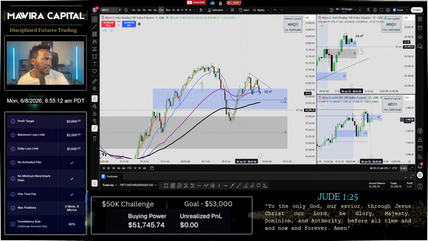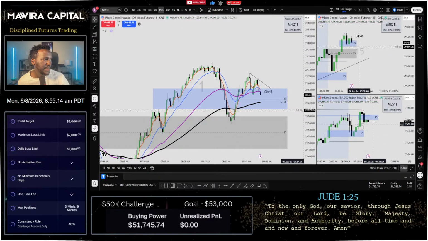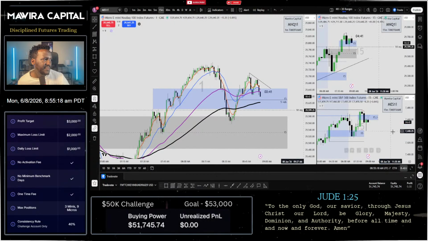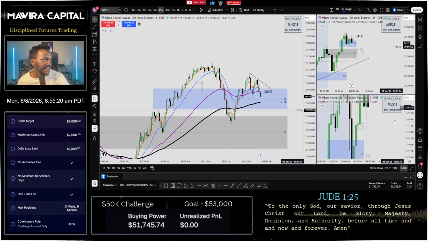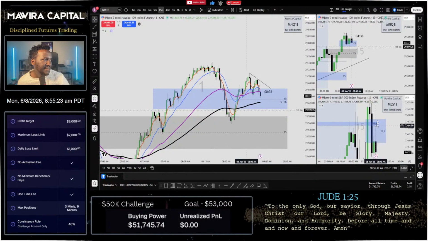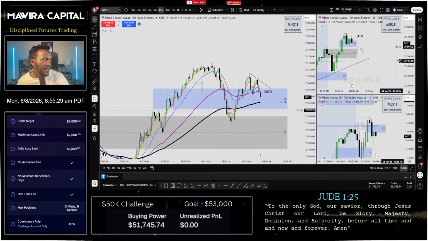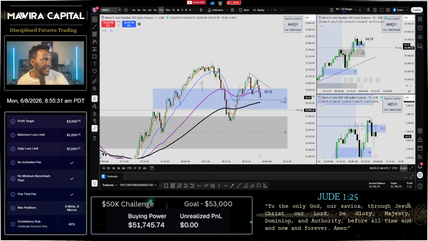High, low. 15 minute bearish, 15 minute whatever. Fair value gap has been inverted. This is that daily level. Crossed above, crossed below. What in the world am I seeing here?